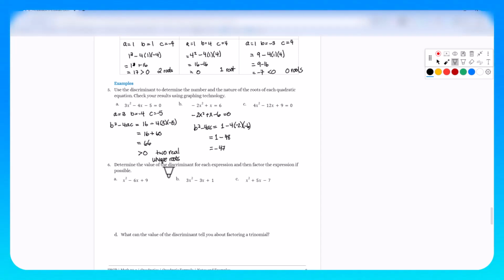So in this case, because this is less than 0, there are no real roots. And let's look at the last one.